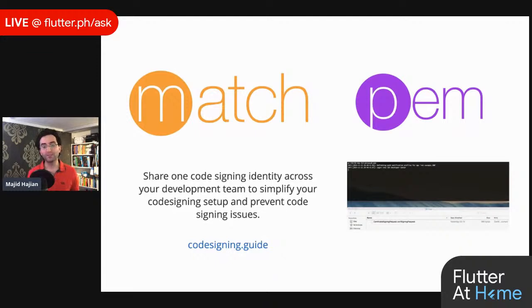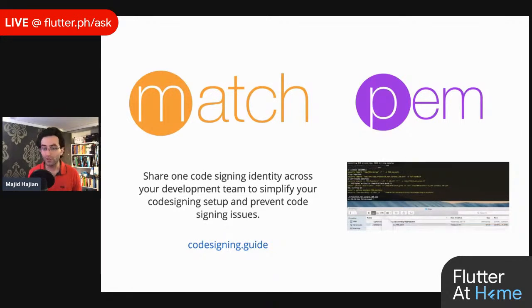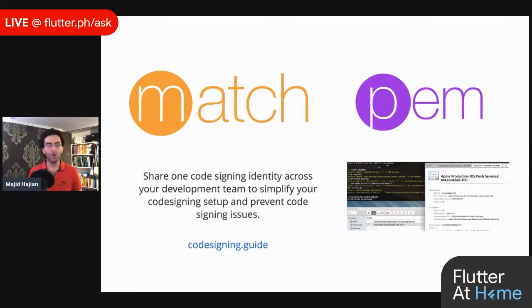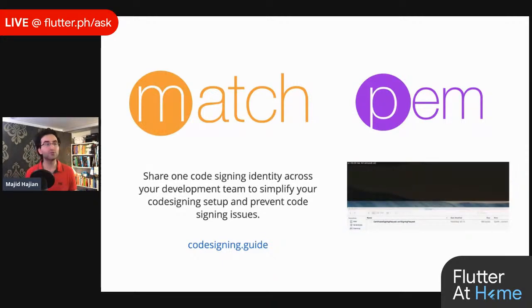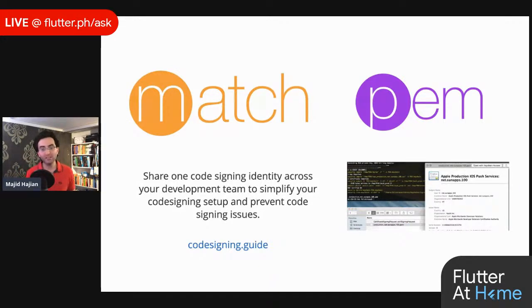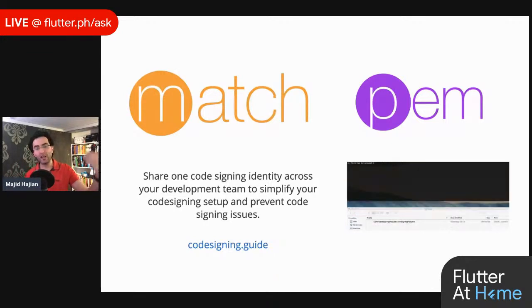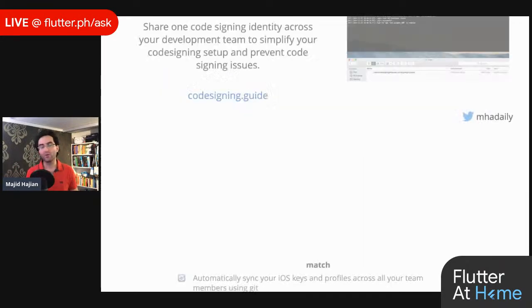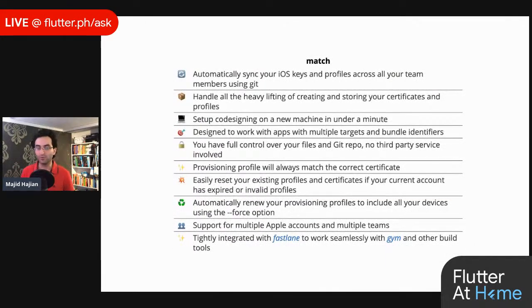It also encrypts them, and you can push those certificates to one repository, or push them to Git, or use AWS S3, or use Google Storage, for instance. You can store those files in those places, and once it needs a certificate, it just downloads it from there, decrypts it, and then here we go. You can simply sign your code.